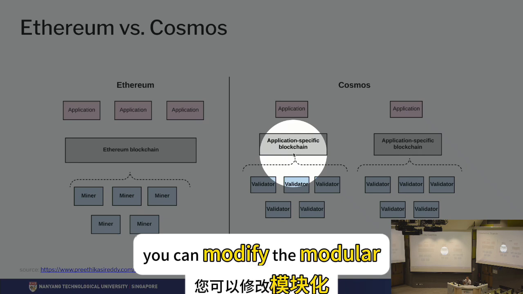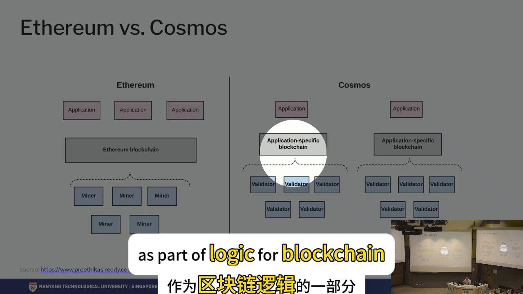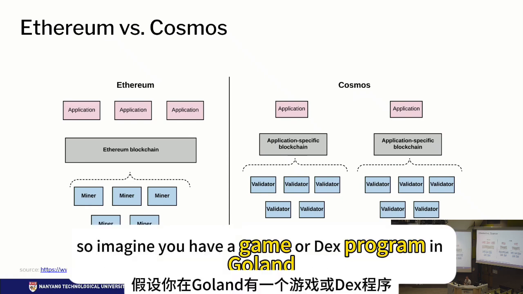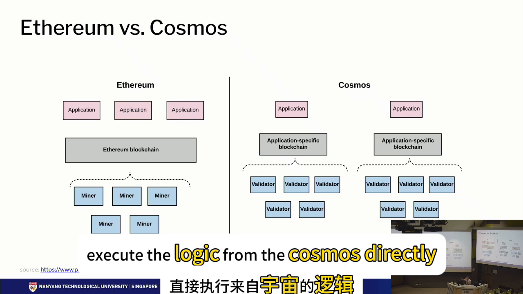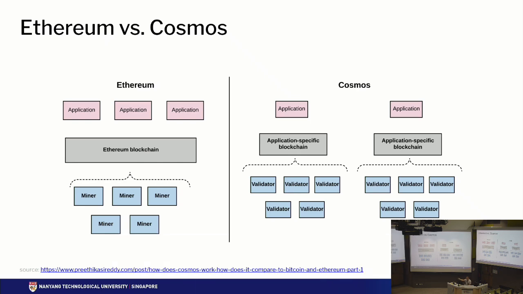You can modify the modules directly as part of the logic for the blockchain. Basically, it runs on Golang. So imagine you have a game or DEX program in Golang. You can execute that application logic, written in Golang, directly on Cosmos.